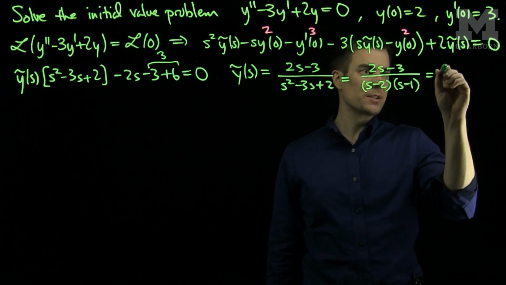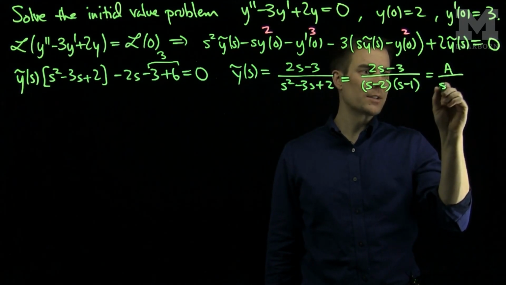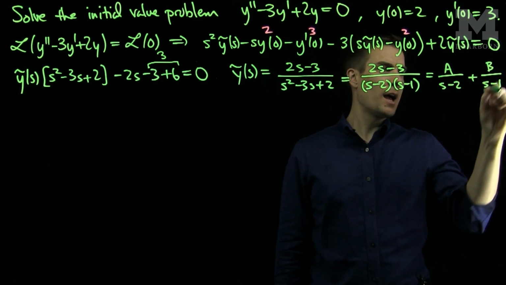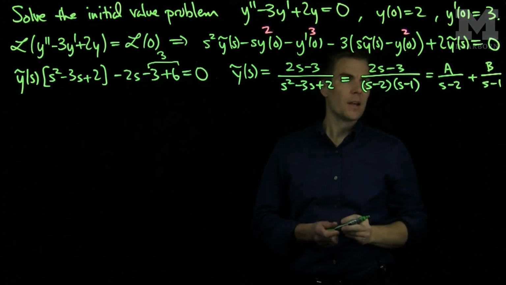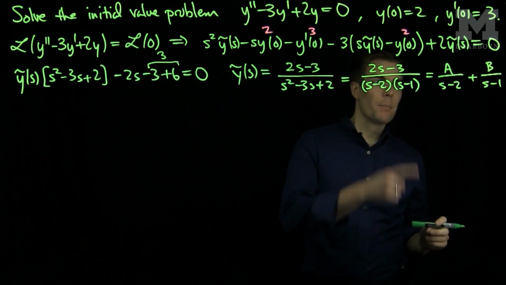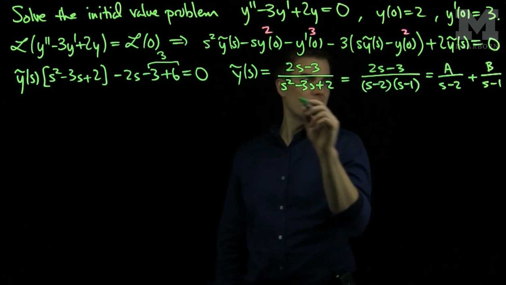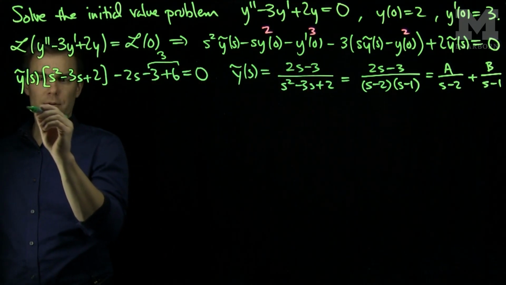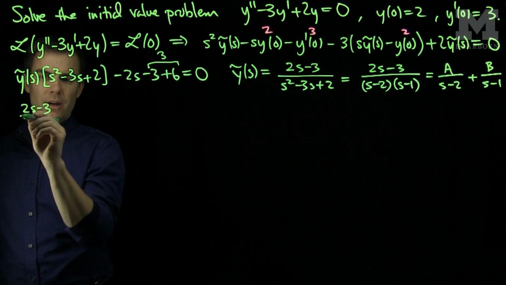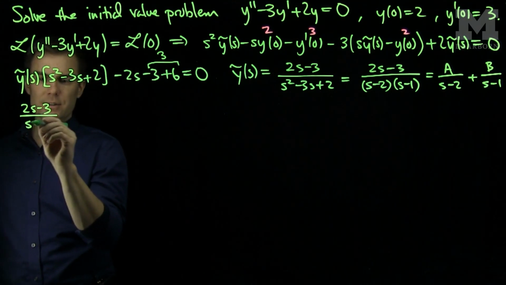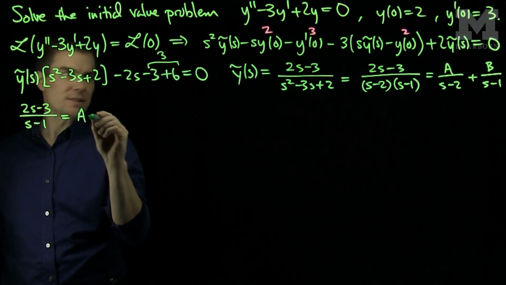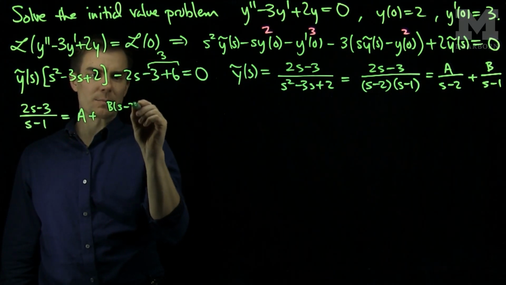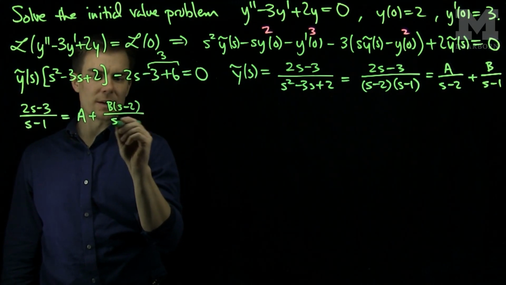Partial fractions tells us this will be a over s minus 2 plus b over s minus 1. Now we can find a by multiplying both sides of this identity by s minus 2. So I will have 2s minus 3 over s minus 1 is a plus b times s minus 2 over s minus 1.